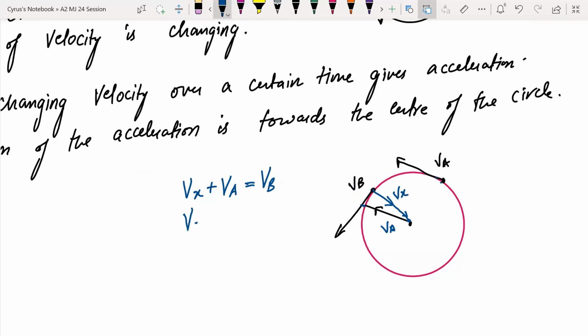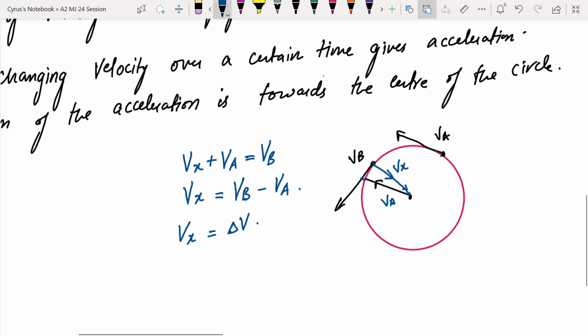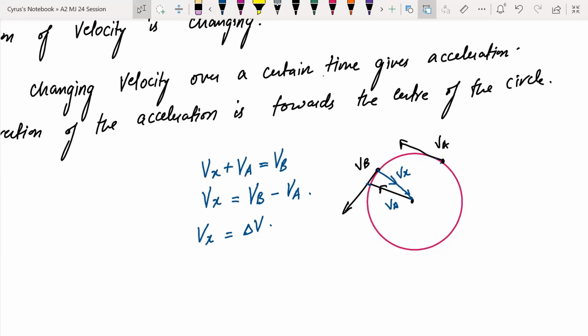Can I write here Vx is equal to VB minus VA? Can we do this? We can. And the direction of Vx is here, and Vx is what? Vx is the change in velocity, isn't it? Vx is the change in velocity, right?